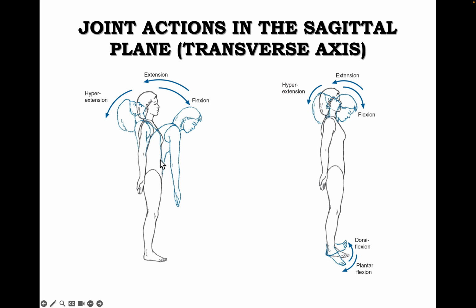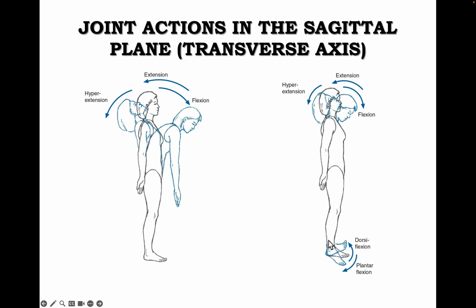Dorsal flexion, flexion is going down in the axial skeleton. Whereas flexion was going up in the appendicular skeleton, flexion means going down in the axial skeleton. Extension would be coming up. Same with the head or with the neck. Neck flexion, head goes down, neck extension, head comes up.